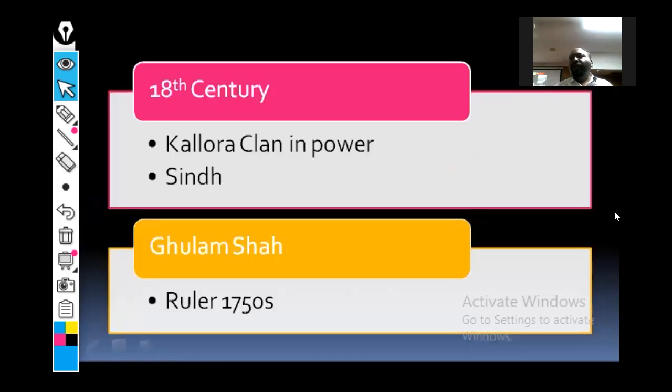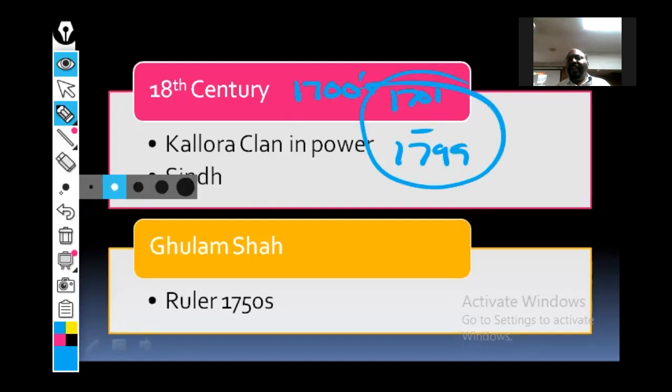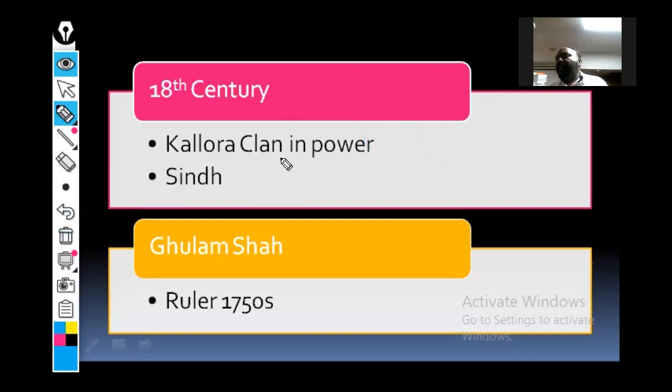So in the 18th century, that means from the 1700s. 18th century means what? From 1701 to 1799 is called the 18th century. In the beginning of the 17th century, you can see the Kalura clan, these are the indigenous tribes of Sindh.